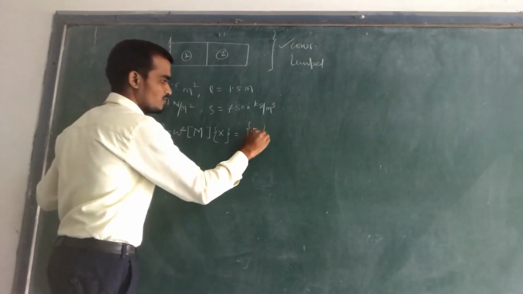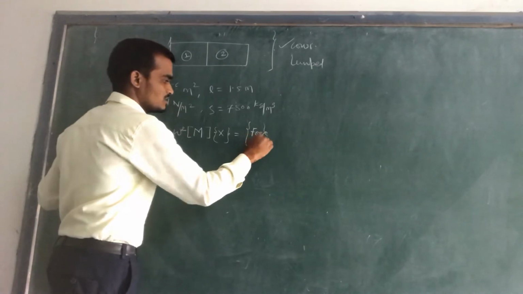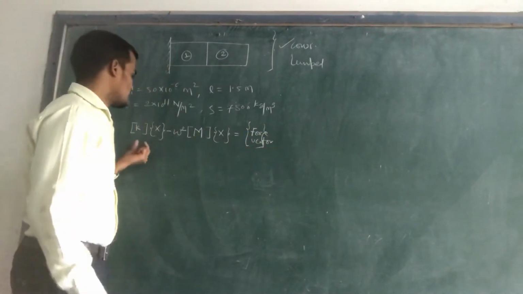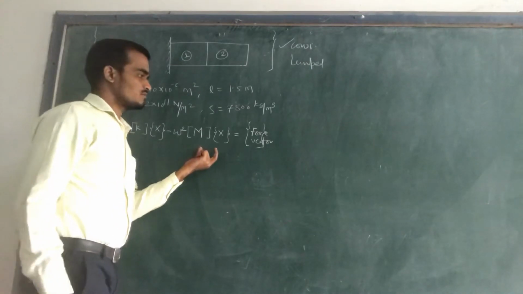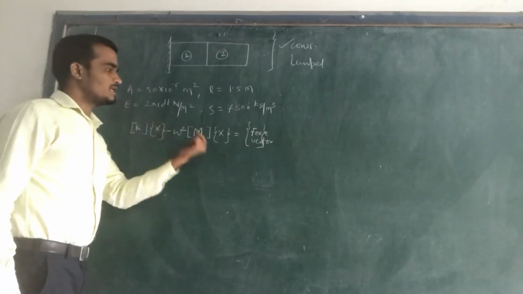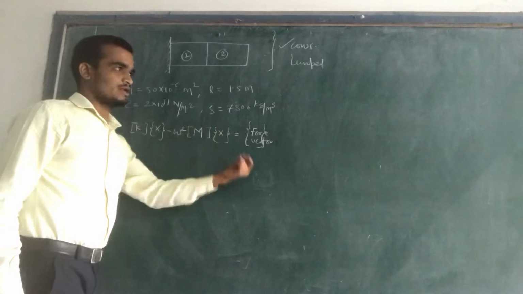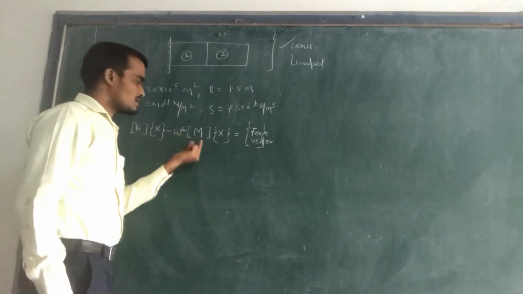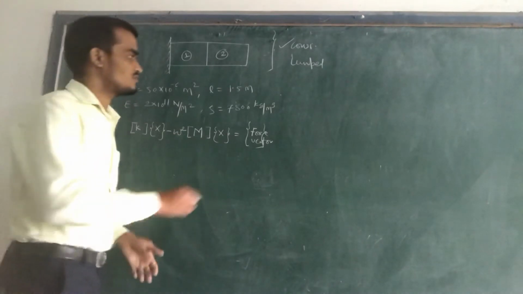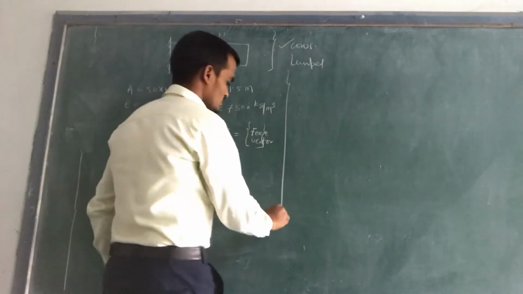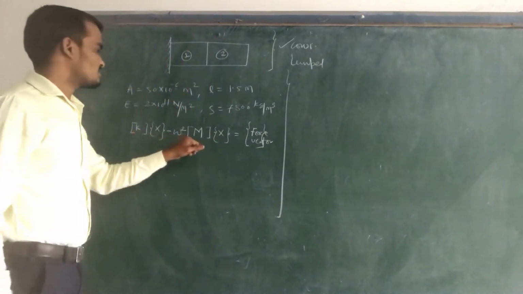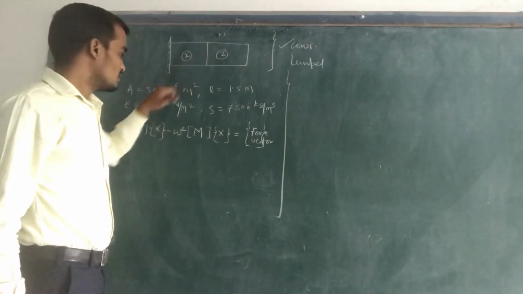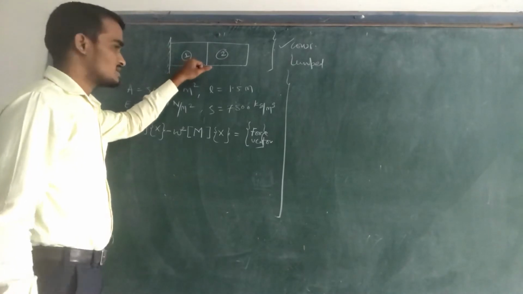This is the characteristic equation, which will be derived by applying the boundary conditions. So first we need to find the stiffness matrix, then the mass matrix, for these two elements, using the matrices of each element.